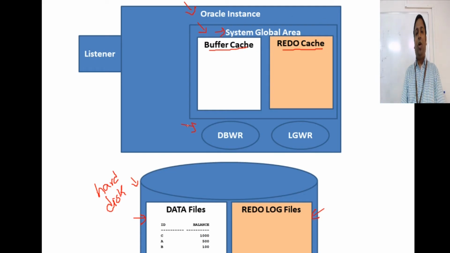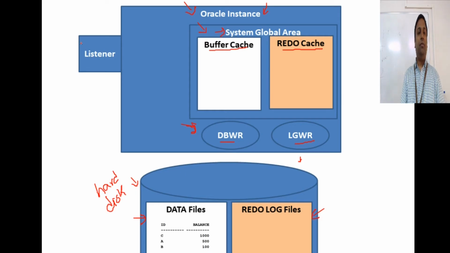And you have a set of processes also getting loaded. That is the DB writer process, log writer process, and you also have a checkpoint process and a server process. This Oracle instance is for one particular database management system that's running on your laptop.